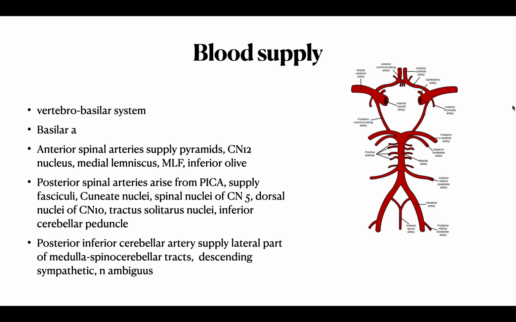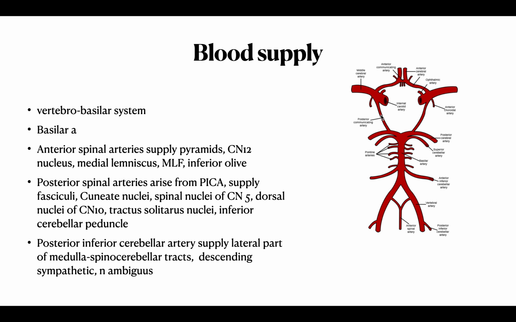Okay, so basically everything's supplied by the vertebral basilar system. It comes from the basilar artery, and the vertebral arteries on either side are going to connect and then form it. And then there's going to be the circle of Willis.